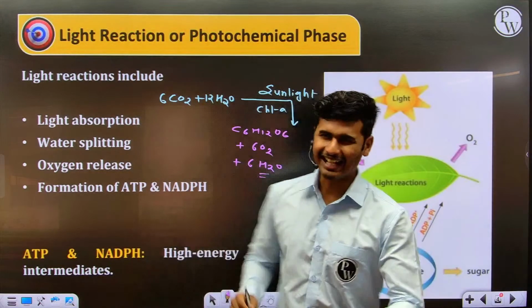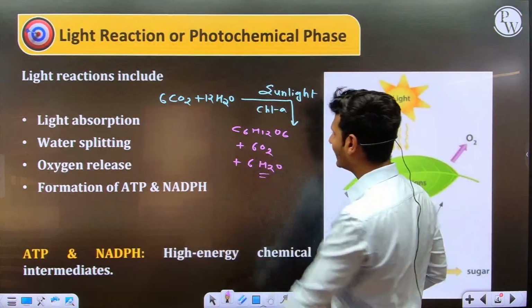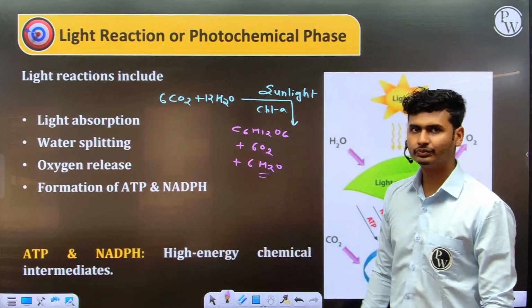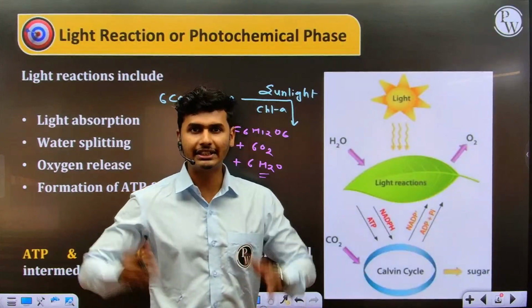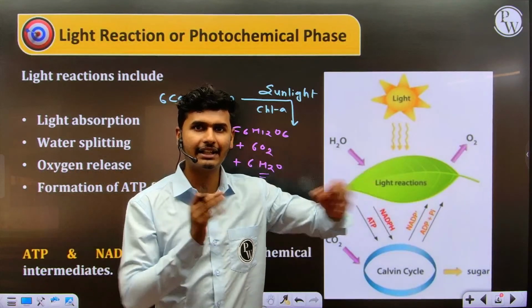Now, is this reaction as simple as I drew here? No. For this reaction we have to follow 2 reactions, that is the light reaction as well as the dark reaction.